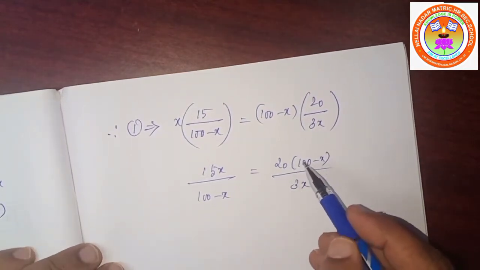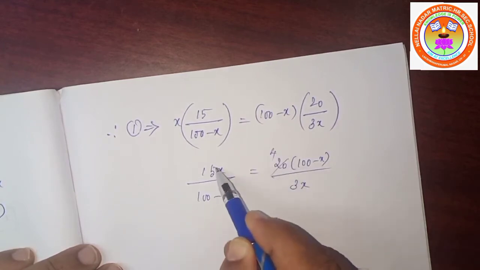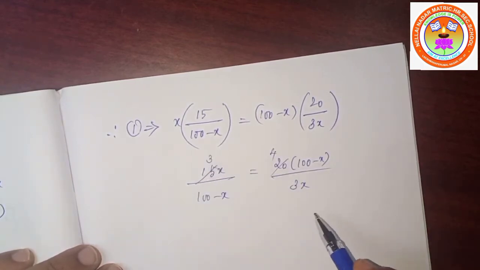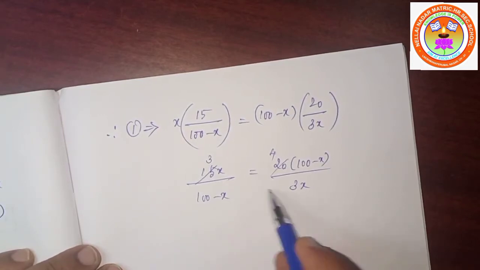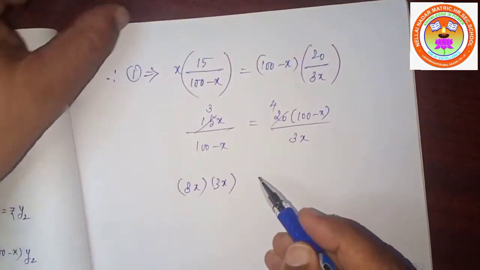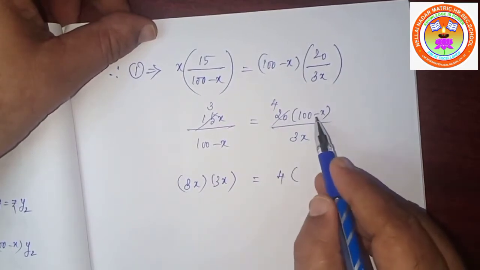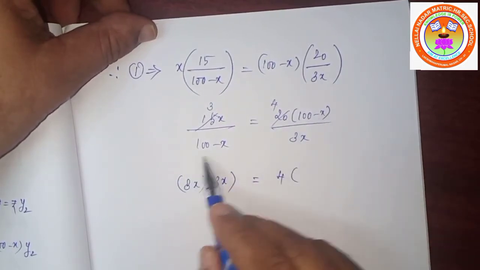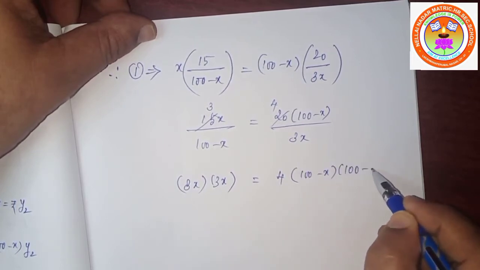We can cancel 20 and 15 by the 5 table: 4 times and 3 times. Here we have 3x, here also 3x, but across the equal sign you are not supposed to cancel, you have to cross multiply only. 3x into 3x equals 4 into (100 minus x), and you cross multiply (100 minus x) into (100 minus x).